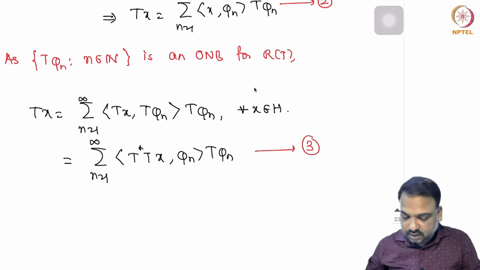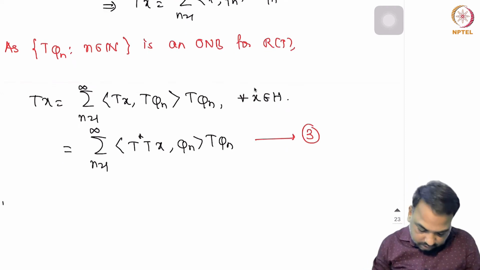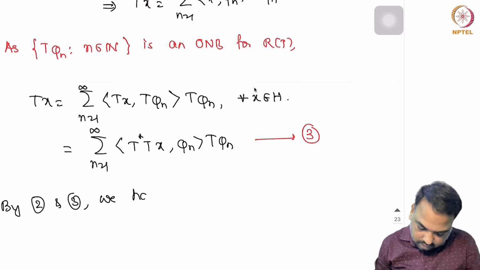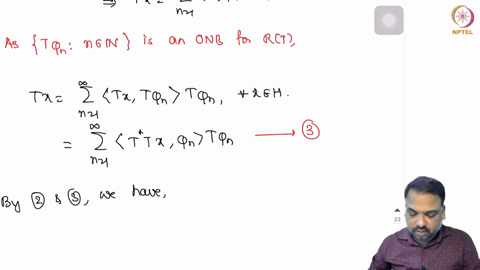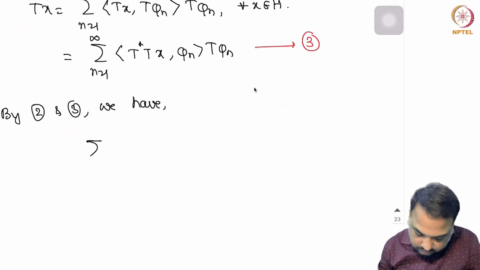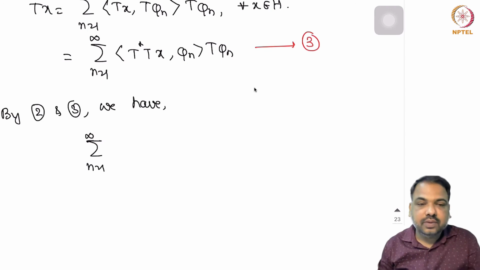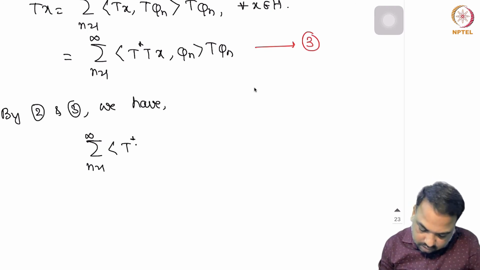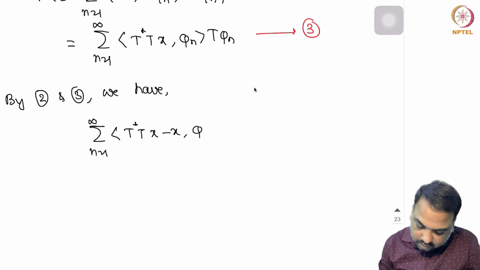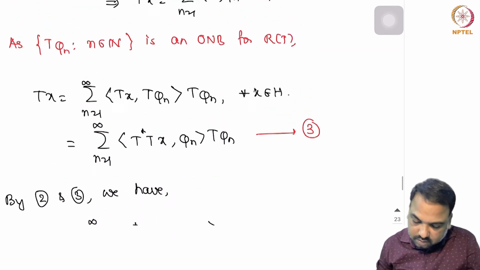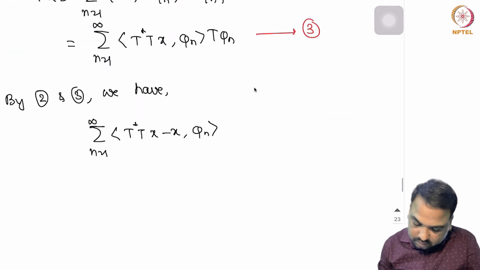But if we compare 2 and 3, we can say that summation n equal to 1 to infinity inner product T*Tx minus x, φn with Tφn is 0.